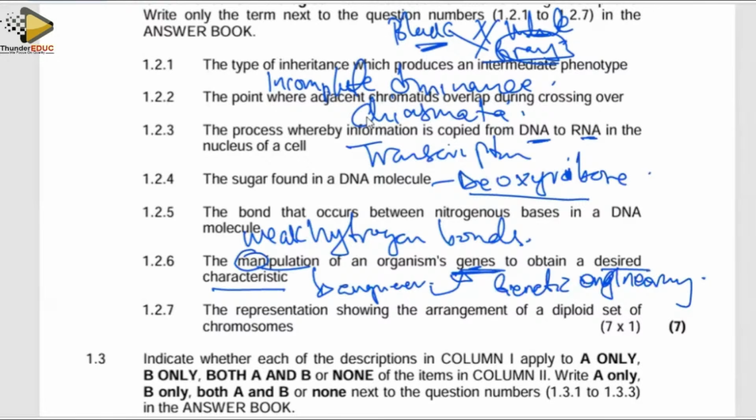Since you are describing the nucleus, the nucleus in science is called karyo. But because you are looking at the type, how are they arranged? Hence the name karyotype. So we call it karyotype.